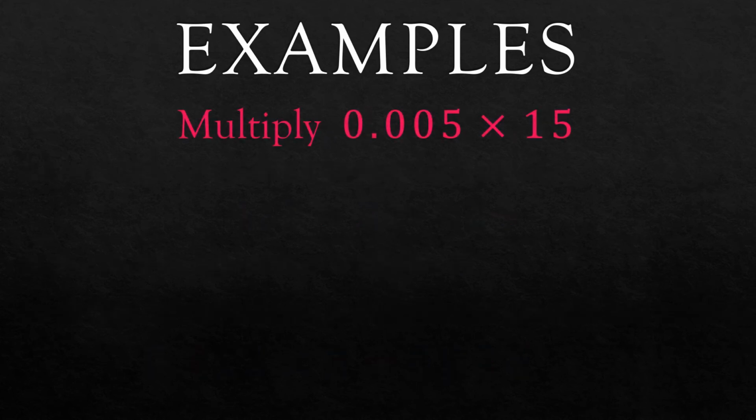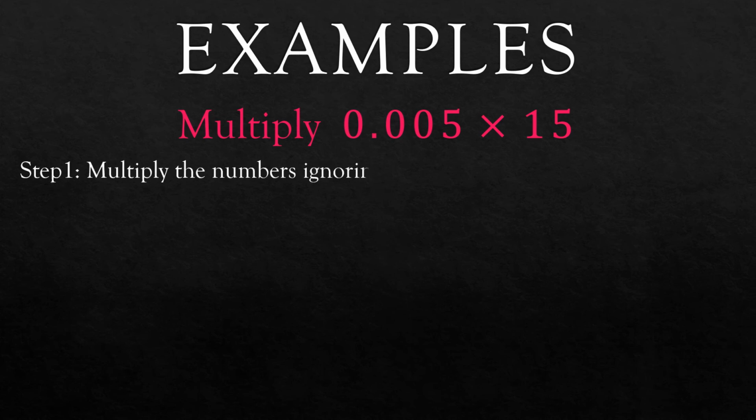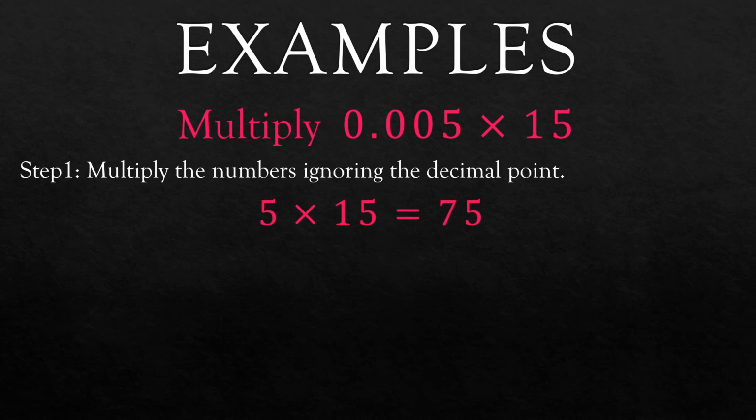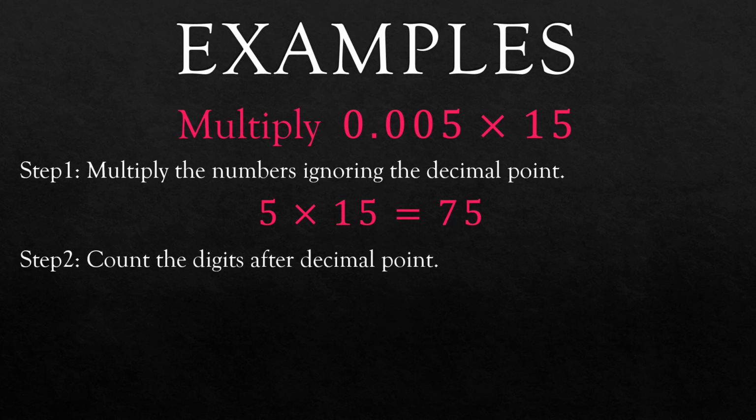Let us solve one more example. 0.005 multiplied by 15. Step 1. Multiply the numbers ignoring the decimal point. 5 multiplied by 15. 15 5s are 75. So write down 75. Step 2. Count the digits after decimal point in 0.005, which is 3.